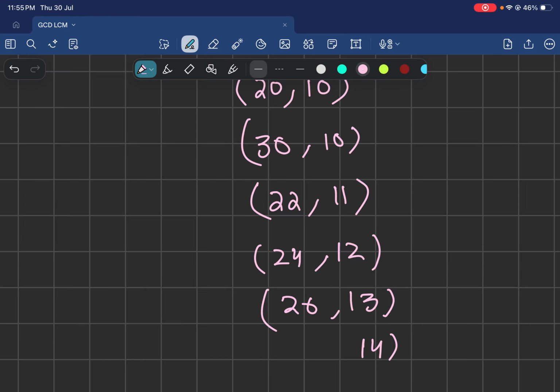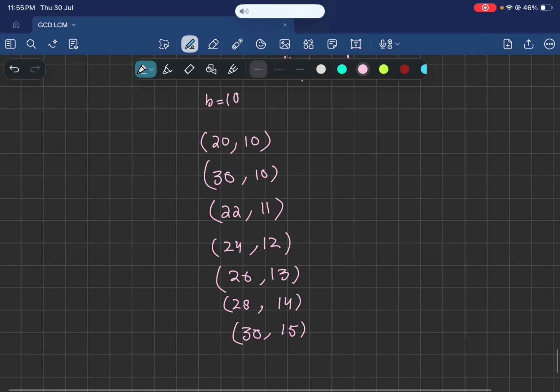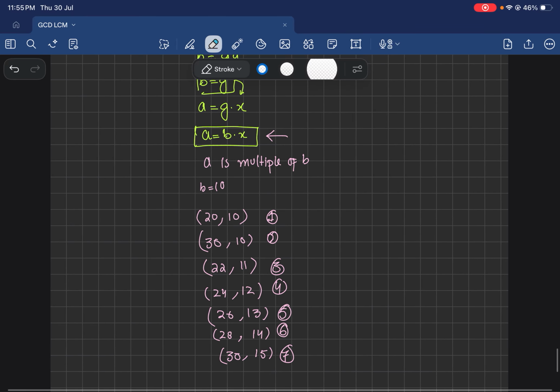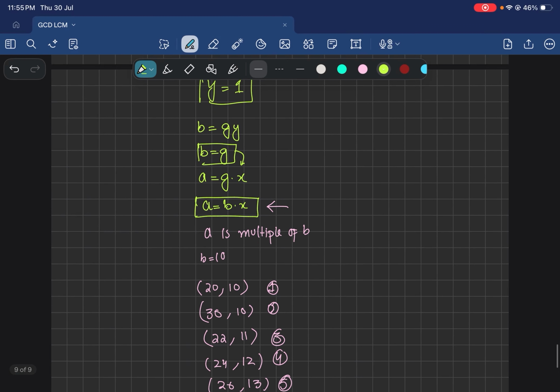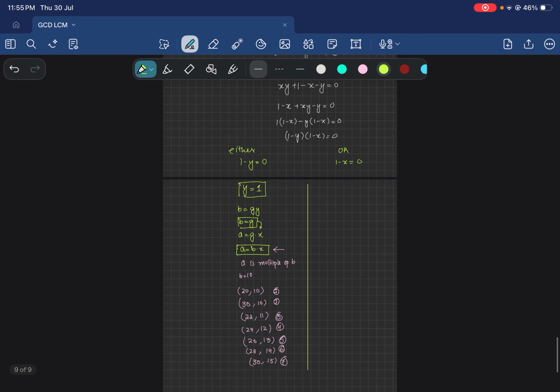You go with 14, it is going to be 28. You go with 15, it is going to be 30, okay. So we have got 1, 2, 3, 4, 5, 6, 7 pairs here, okay. So 7 pairs from here, 21 pairs from case 1.